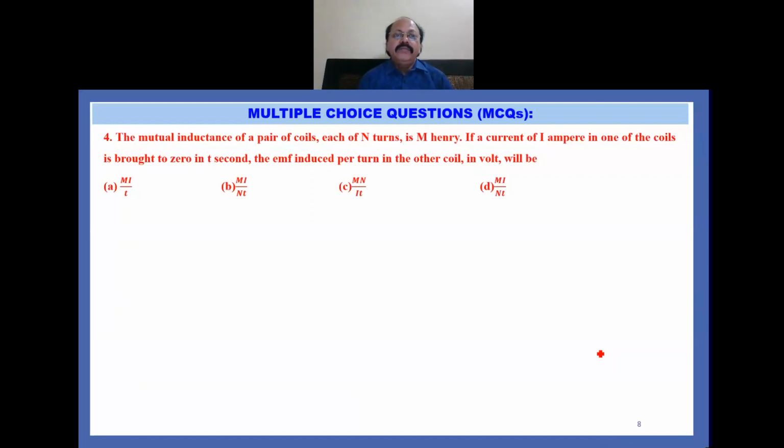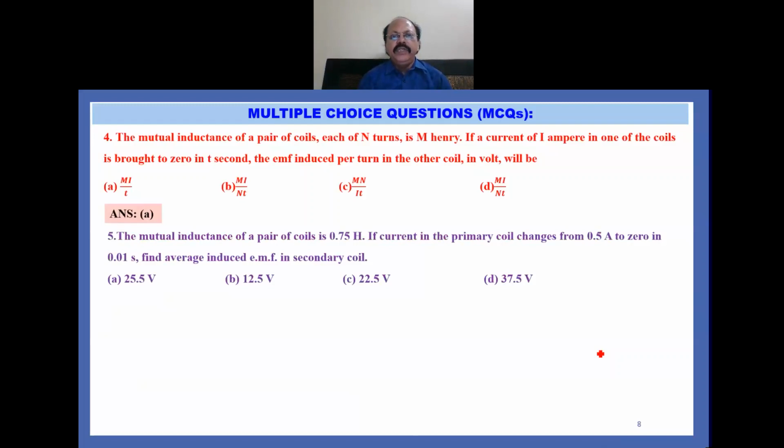So you have to calculate it by using the formula E equal to minus M di upon dt. Apply the concepts, solve it, then you will get answer A. So answer A is correct.